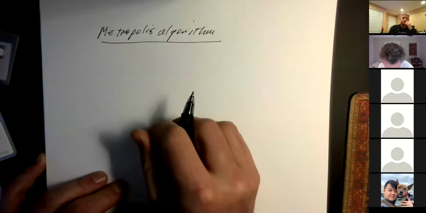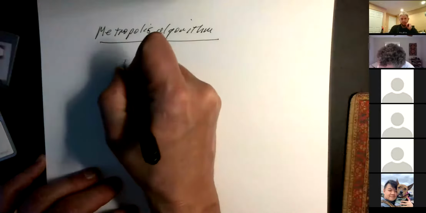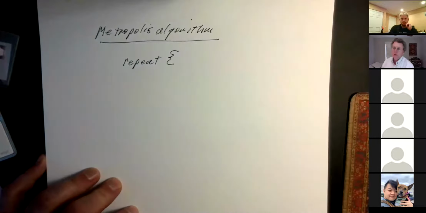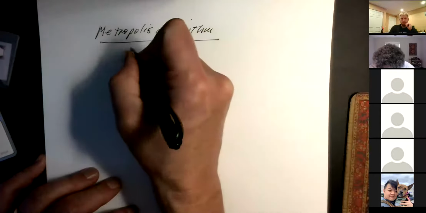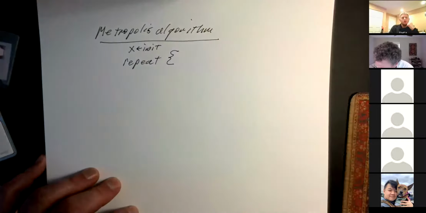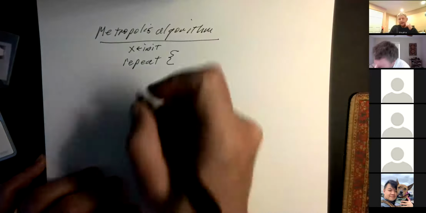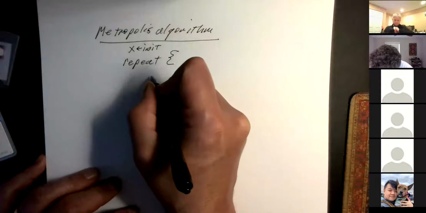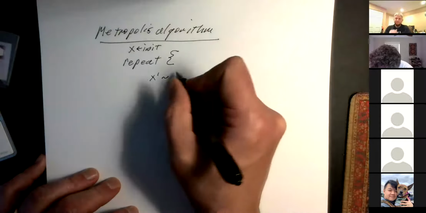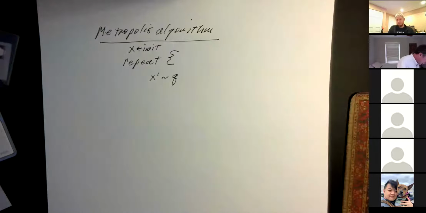You repeat, because this is going to be a repetitive thing, and you start off by initializing x. Then from x you generate a proposal, an x prime, with some distribution, which I think I called Q. Let me check that.